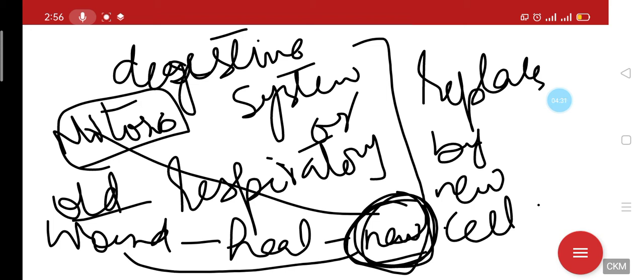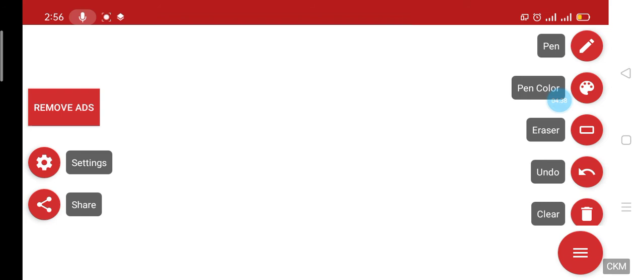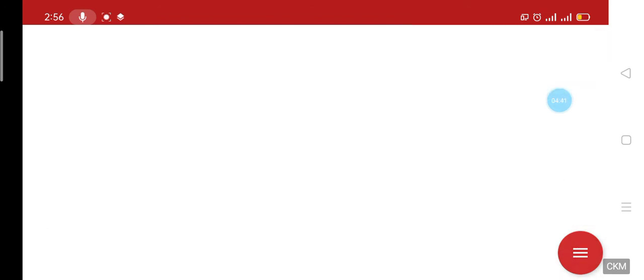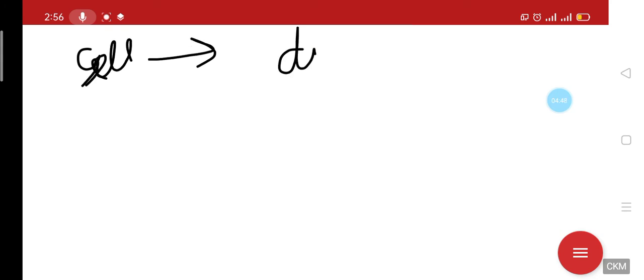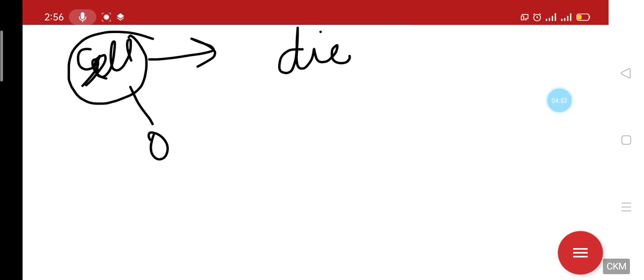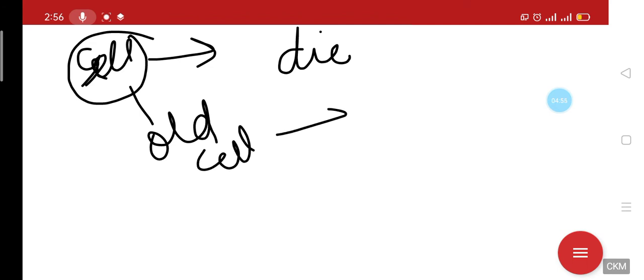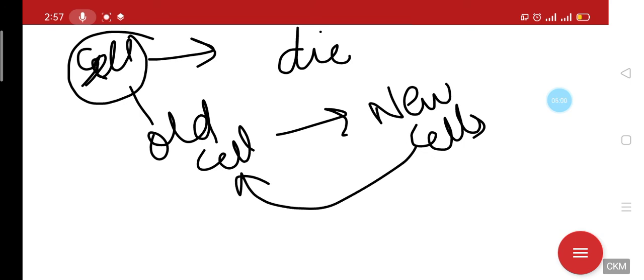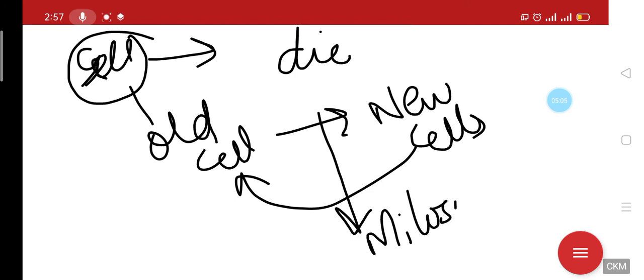That's why these new cells replace the old cells. In our digestive system, daily many cells are sloughed off. Many cells die. So these old cells are replaced by new cells, which totally resemble the old cells, and this happens by the process of mitosis.